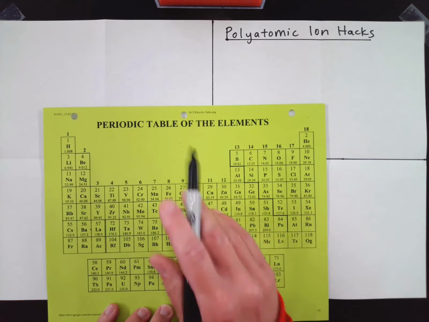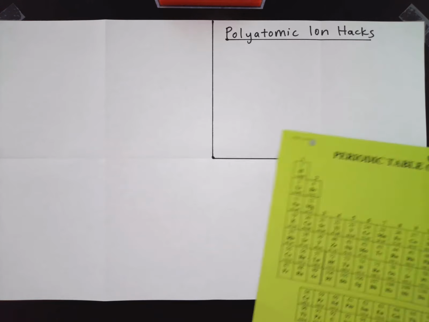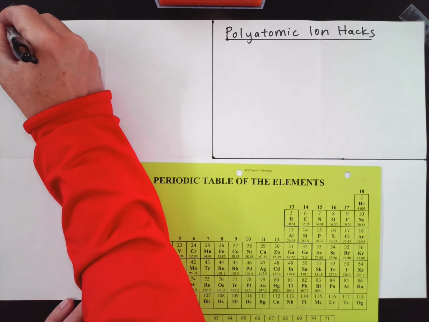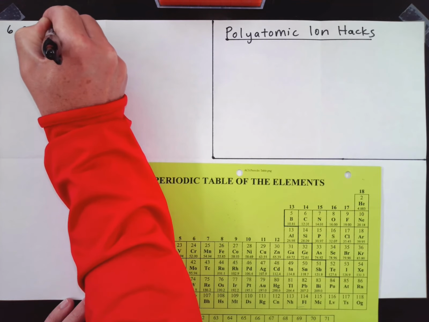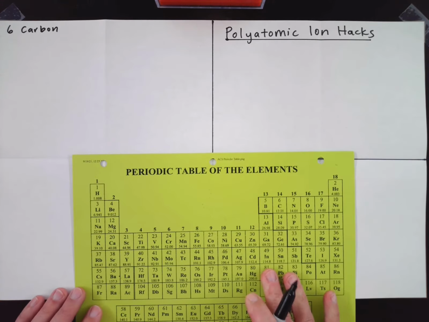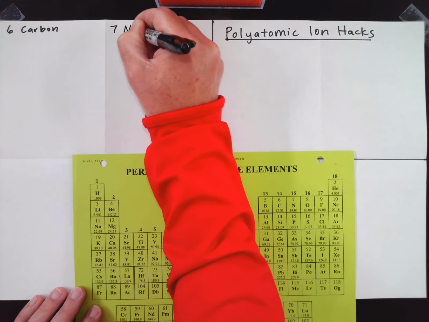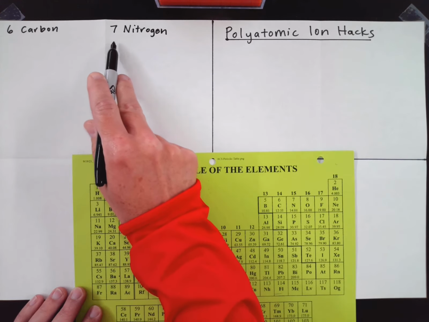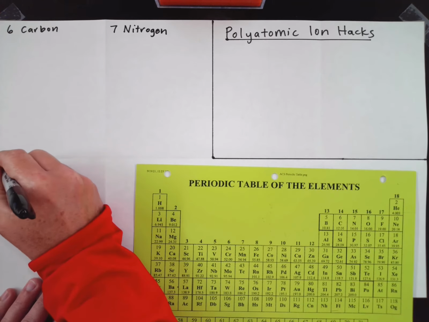So I'm going to go ahead and transfer some information to each block. So up here on the left, we're going to start with carbon. One block over, we have nitrogen. I've just listed the atomic number as well. Below carbon is silicon.